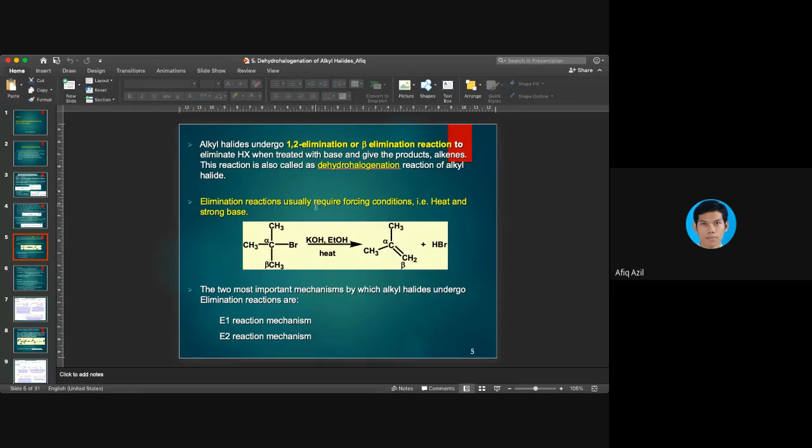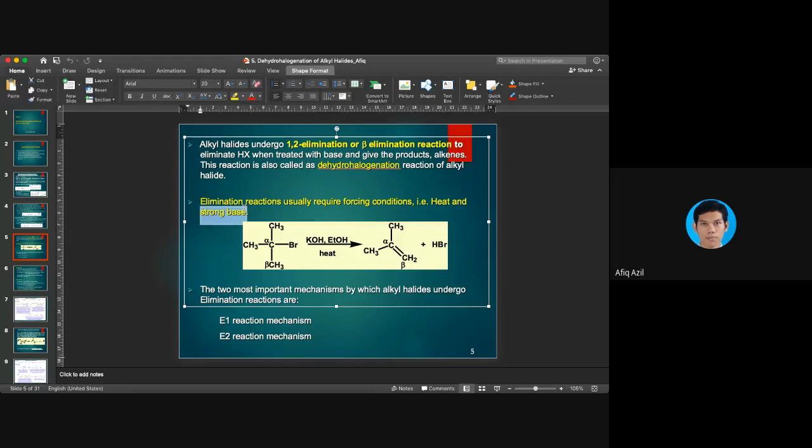So elimination reaction usually requires forcing conditions. In other words, it will involve heat and also strong base. So dekat sini you nampak this word strong base. Actually the base itself is also a nucleophile. How to explain this easier is that all bases in this elimination reaction are considered nucleophiles, but not all nucleophiles are basic.